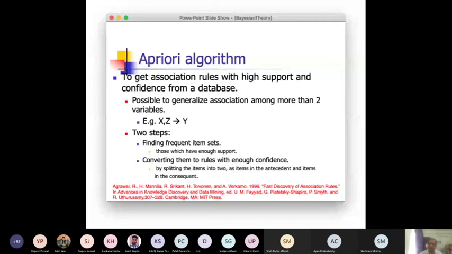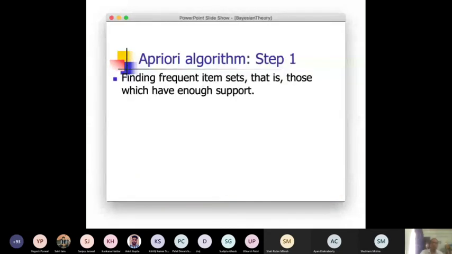That means the implication part. So you compute the probability of the consequent given the antecedent, right? That is what you will be computing, and if it is significantly high, then you should take them.